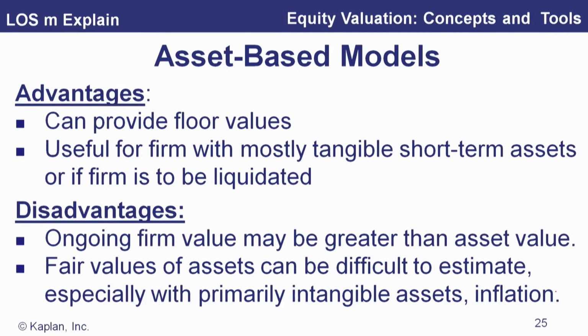So some of the disadvantages: ongoing firm value may be greater than asset value. Well, yes, we're going to use asset value when we're thinking about liquidation or a firm in financial distress. Fair values of assets, as I emphasized, can be very difficult to estimate, especially with primarily intangible assets or in the presence of inflation.